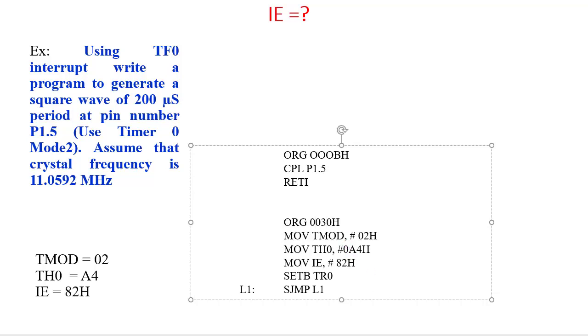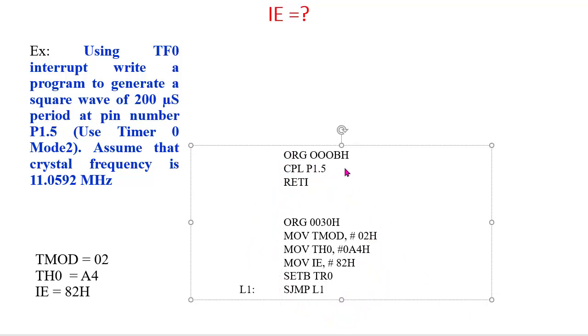What will happen? First it will set these values, the timer will start, and execution will stay here. When the interrupt comes, the execution will shift from here to here. It will change the status of P1.5, then the RETI instruction will be executed. After this, it will come back here and wait. When the next interrupt comes, again it will come here and this will go on.